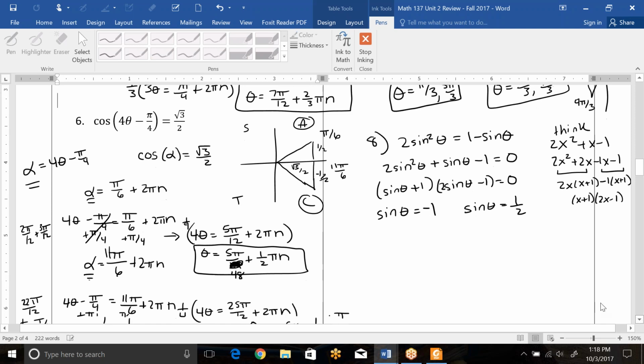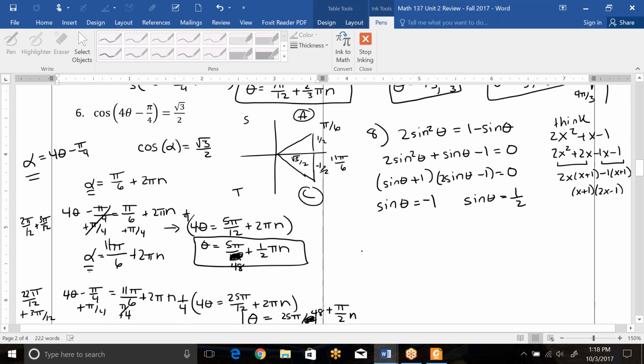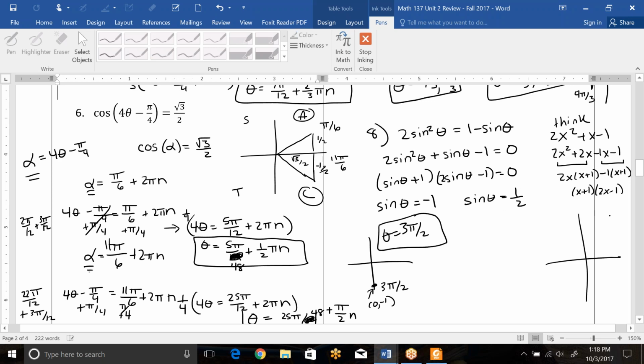Okay, so we need to think, where is sine of theta equal to negative 1? So for sine to be negative 1, remember that means the y value is negative 1. That only happens in one location, because this would be 0, positive 1. So 3 pi over 2 is the only solution from 0 to 2 pi that gives the answer of negative 1 for y. For sine of 1/2, remember that's going to be positive, so all science, so we're in these two quadrants.